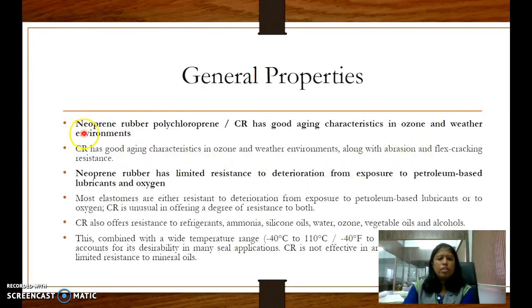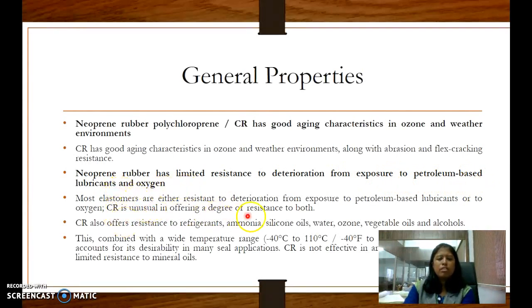Now the general properties: neoprene rubber, or polychloroprene, or CR, has good aging characteristics in ozone and weather environment, along with abrasion and flex cracking resistance. Neoprene has limited resistance to deterioration from exposure to petroleum-based lubricants and oxygen.